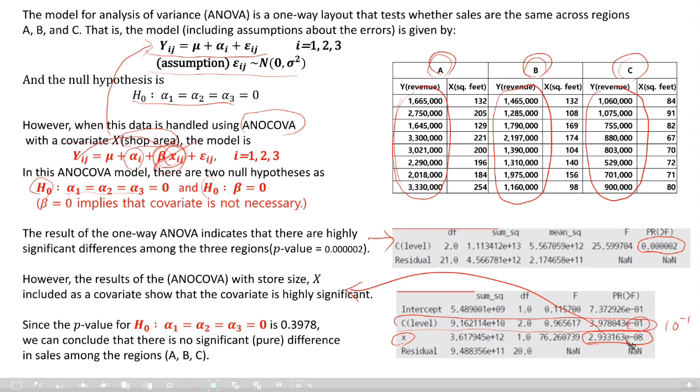So the p-value for this null hypothesis is 0.3978, and H0 is not rejected. There is no significant pure difference in sales among regions A, B, and C. So you may get a very different result from the ANCOVA model.